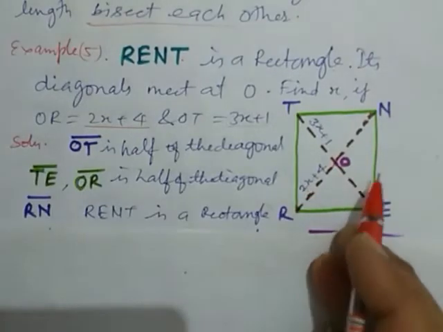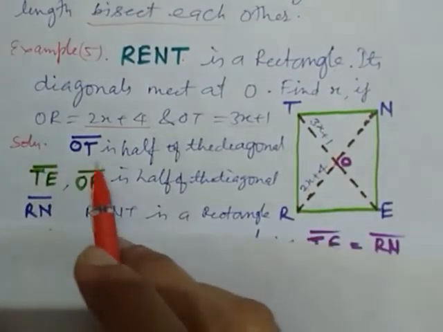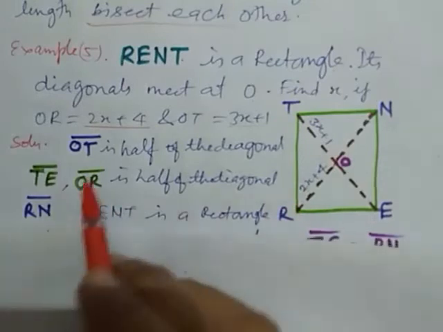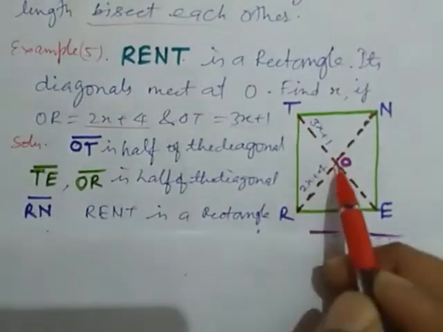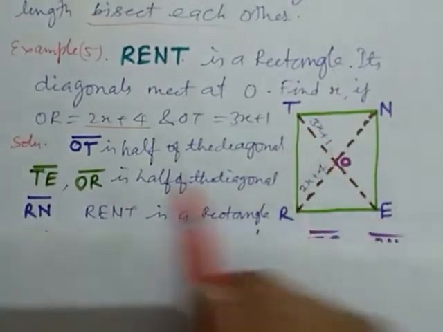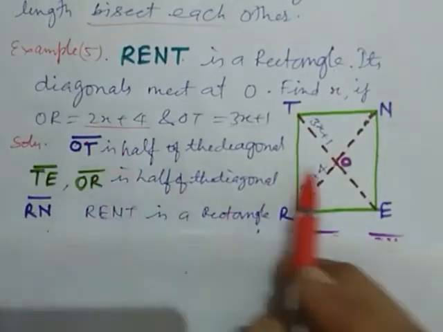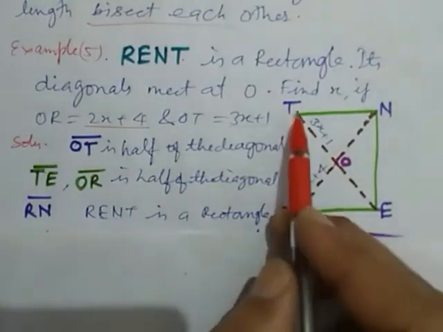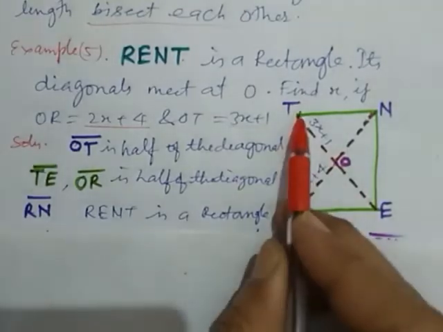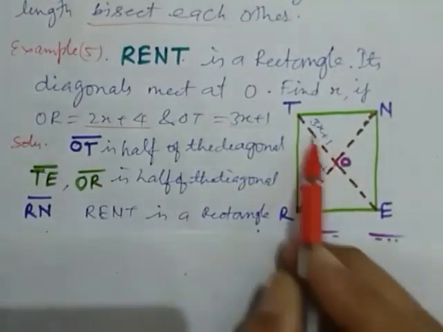Now we start. This is our solution. OT is given to us as 3x plus 1, and we know that this is our diagonal and O bisects it.